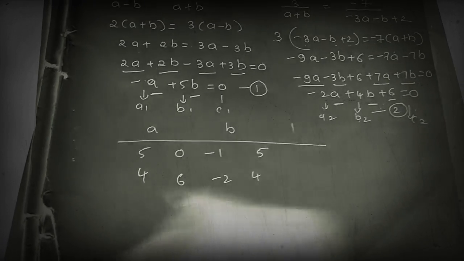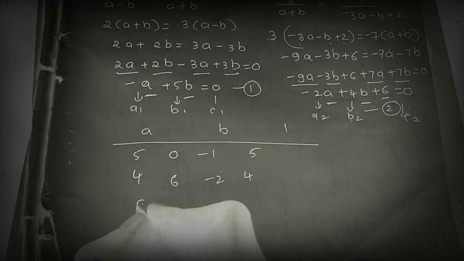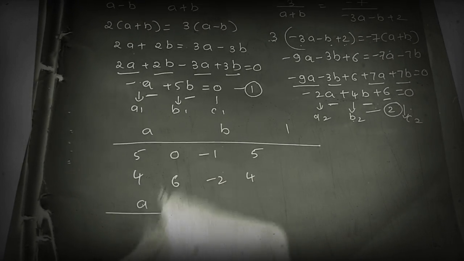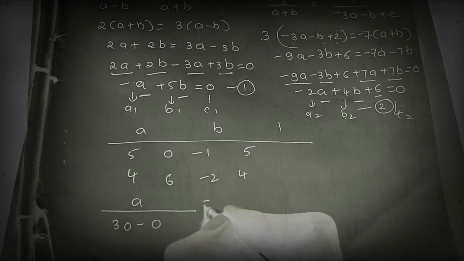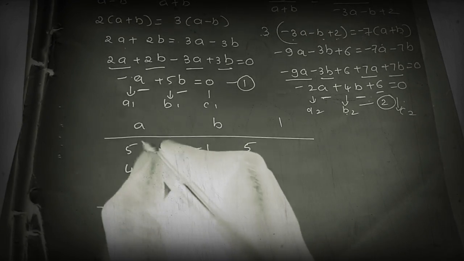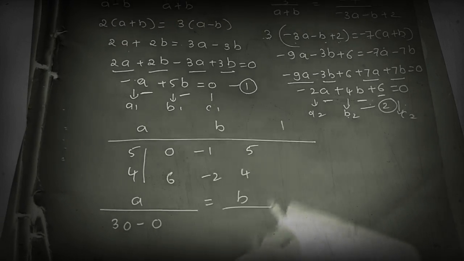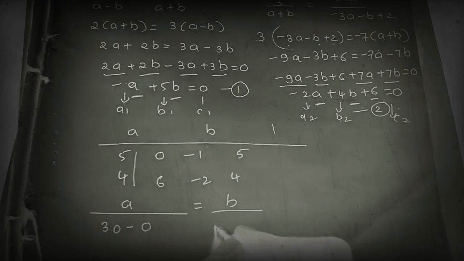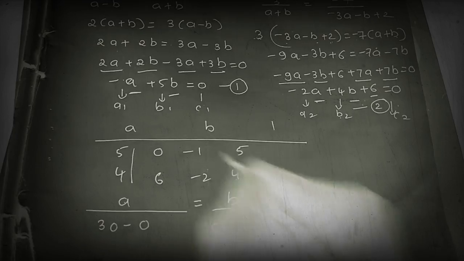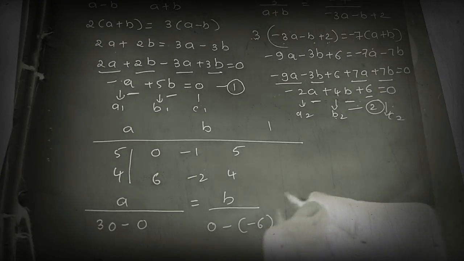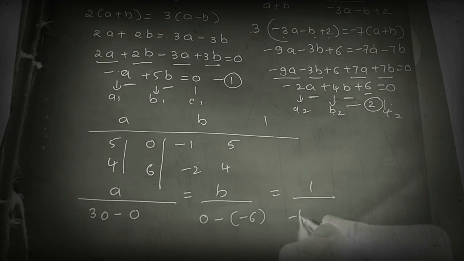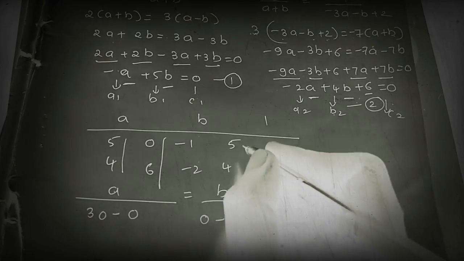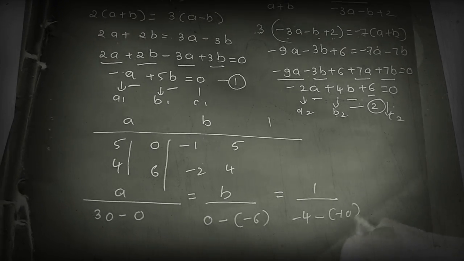So now I want to calculate a. 6 5s are 30 minus 4 zeros are 0, equals to b. Forget this, 0 into minus 2 is 0, minus 6 1s are 6, plus minus is minus, equals to 1 upon 1 4s are 4, plus minus is minus, subtract 5 2s are 10, and minus 10 it is.